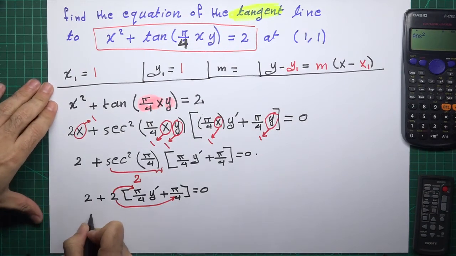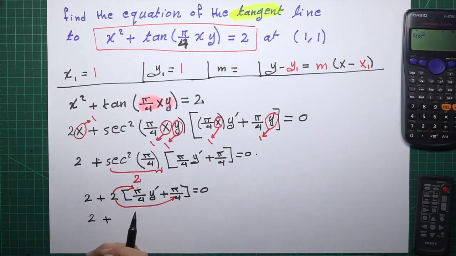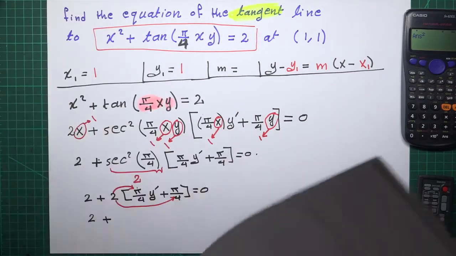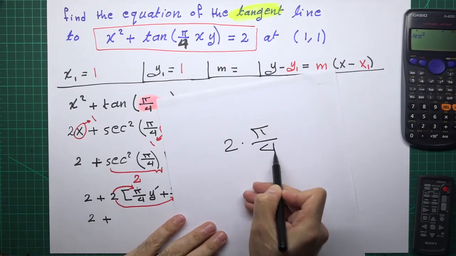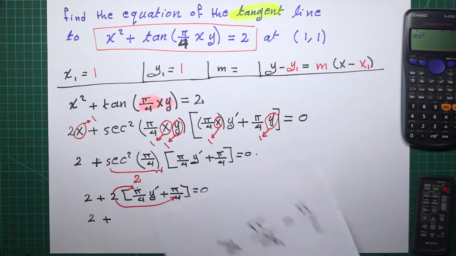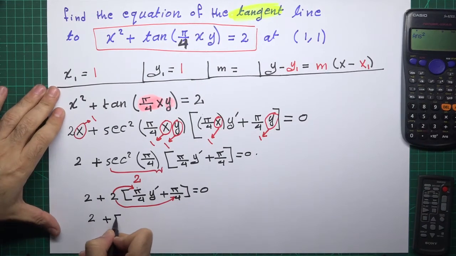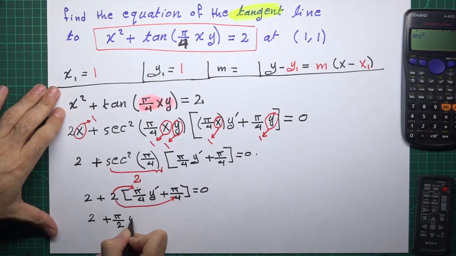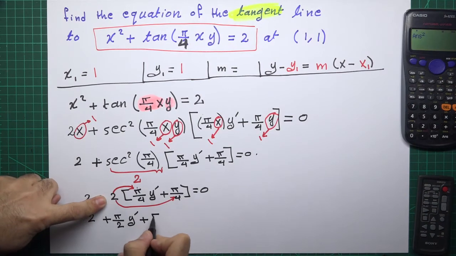It will be 2 plus 2 times pi over 4. When you multiply 2 times pi over 4, you can eliminate this with this. It will be pi over 2. So this is what we have. Plus pi over 2 y prime plus one more time 2 times pi over 4, pi over 2 equals 0.